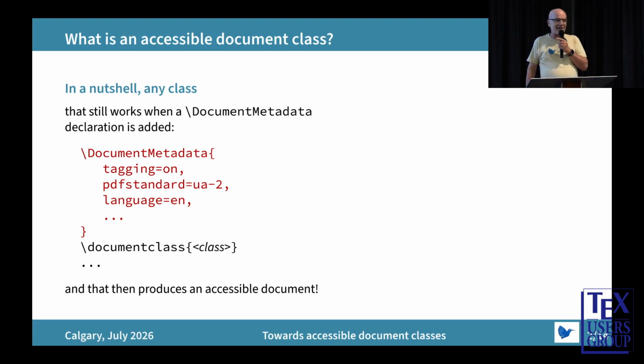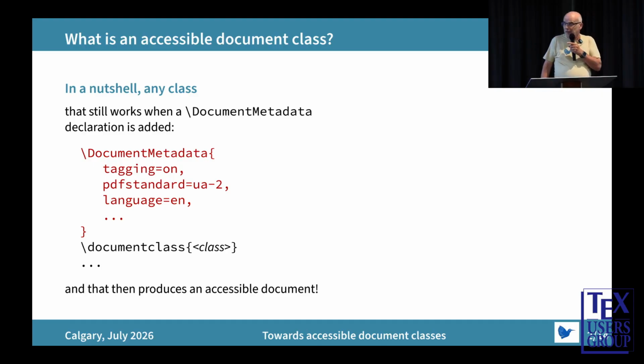So in some sense, this is similar to what we did in 1993 or 4, where we changed from document style to document class, and therefore every document that used document class was a new document and used new features.